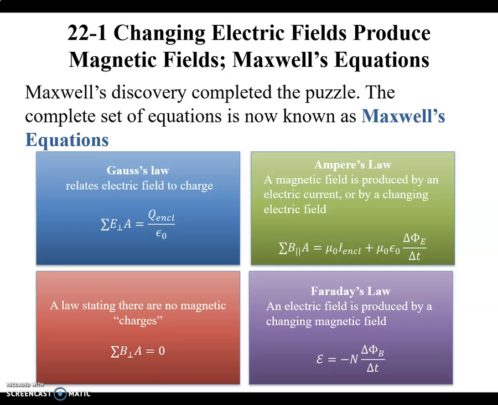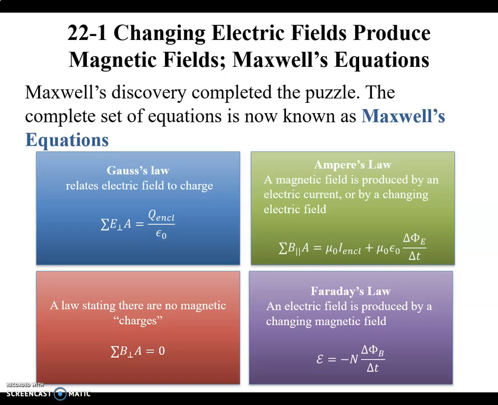So the revised equations now look like this. Gauss's law relates an electric field to charge. There are no magnetic charges, or any magnetic fields leaving an area have to loop around and come back into that same area. Ampere's law states a magnetic field is produced by an electric current or by a changing electric field. And Faraday's law shows that an electric field is produced by a changing magnetic field.